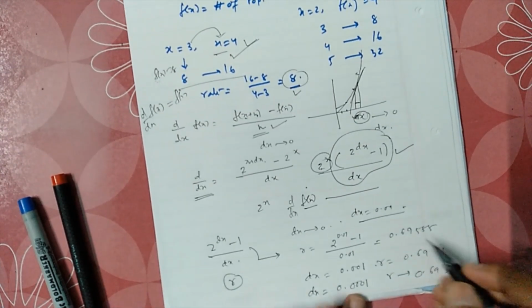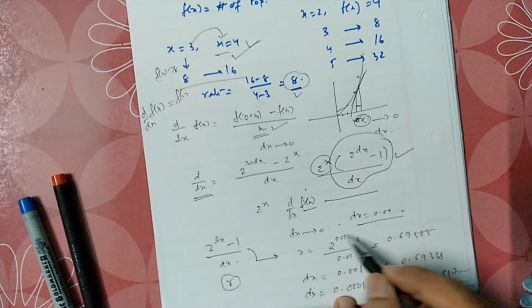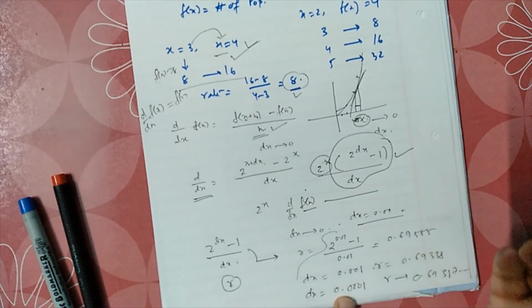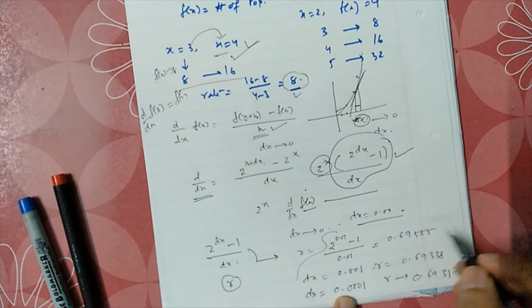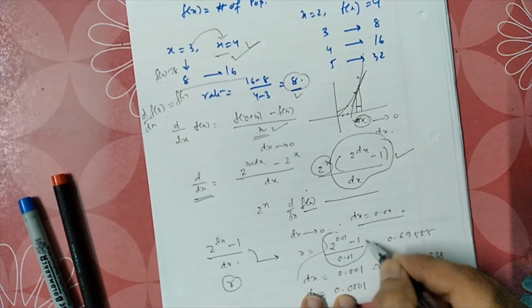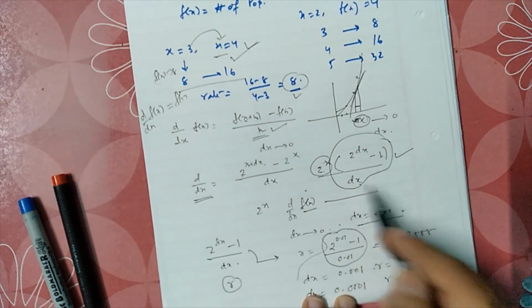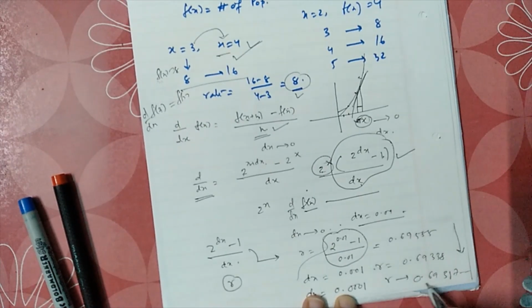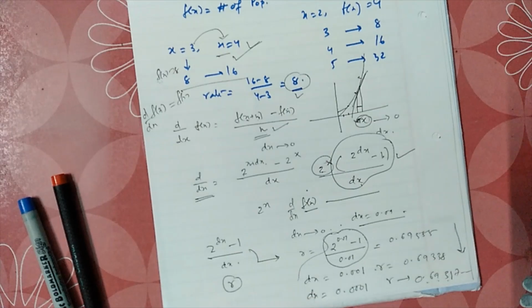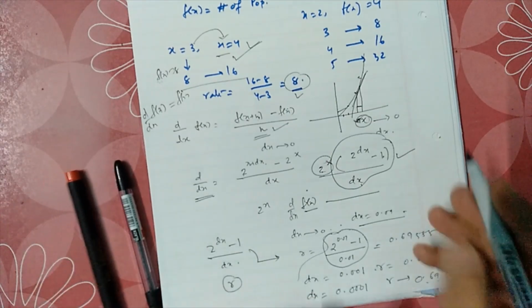So you can see here, as we take dx smaller and smaller, the value of (2 to the power dx minus 1) by dx tends to something like 0.6931. So it tends to some special type of value.